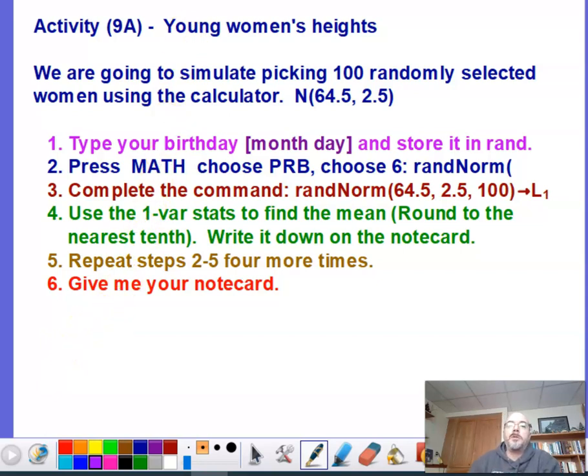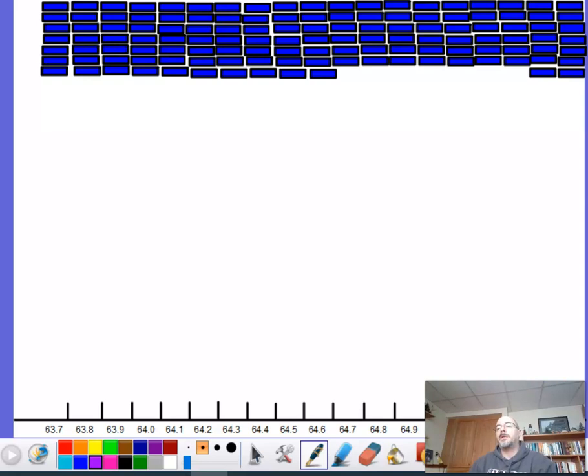Then what I would do, ladies and gentlemen, is I have all of these little rectangular blocks at the top, and each one of those rectangular blocks represents a sample. Down at the bottom, I have 64.5 in the middle, and I count by tenths going up and by tenths going down.